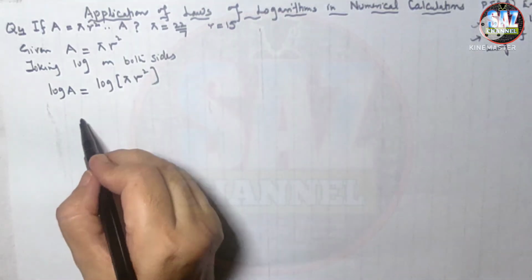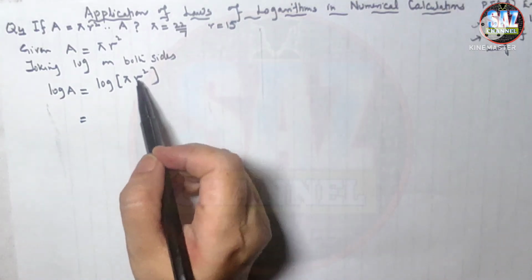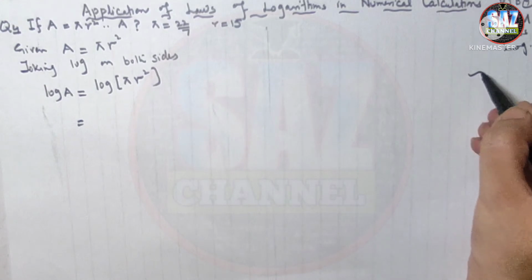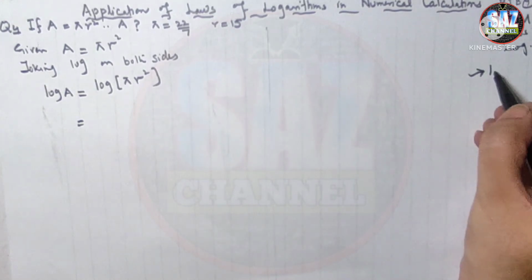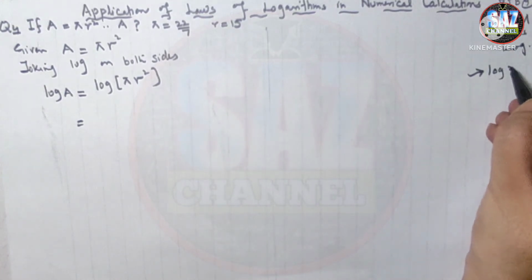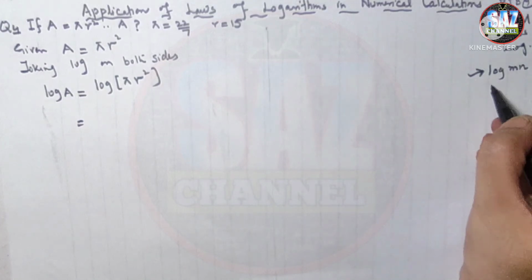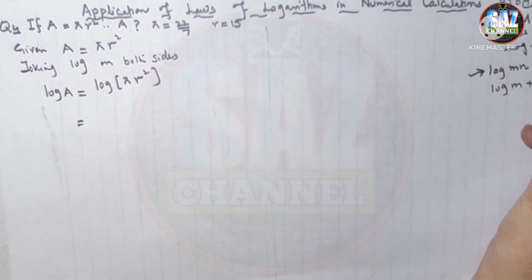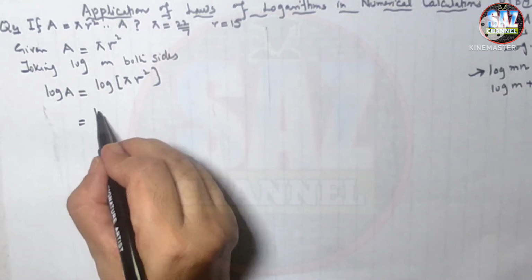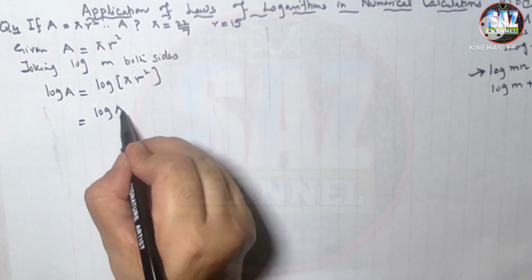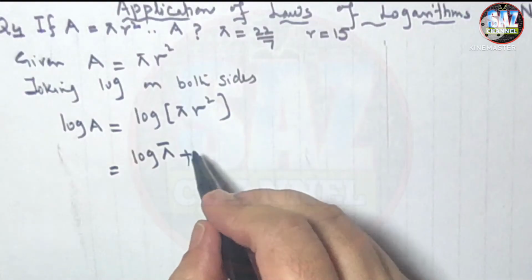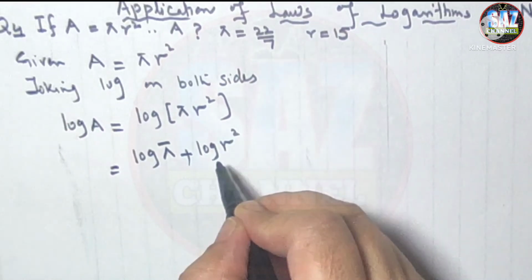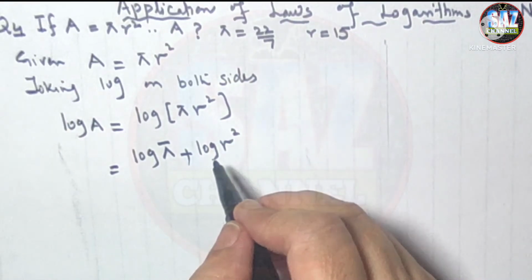Now you can see, student, here we have the expression which is multiplied together. So what is the law of logs which tells us about the product of two numbers, that log of m multiplied by n will be equal to log of m plus log of n. So first of all, I will be applying log of m, which is pi, plus log r square. Now you can see that r has the power 2.